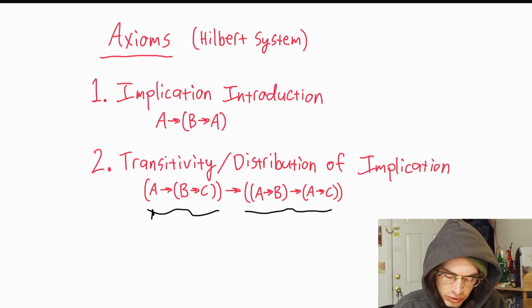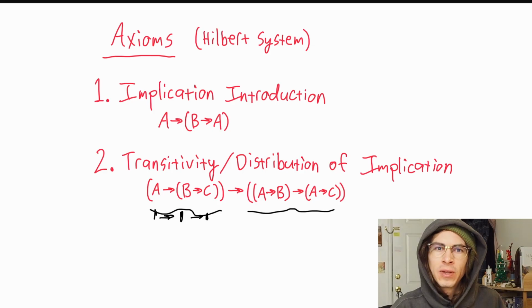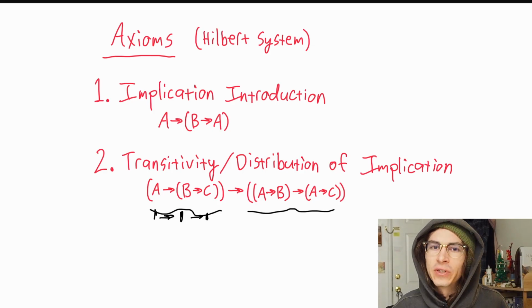So if A is true, then we get to look in these parentheses. Okay, if B is true, then C is true. So really, both A and B have to be true in order for C to be true.